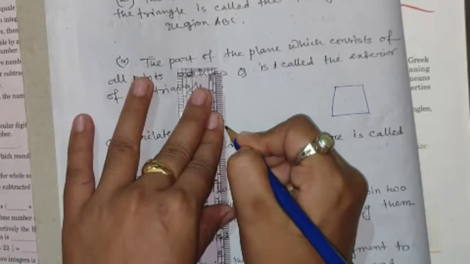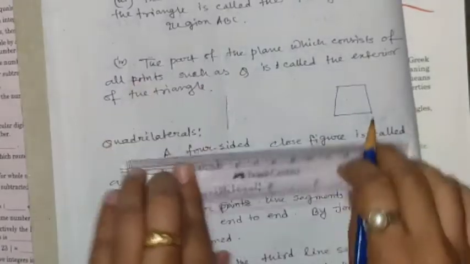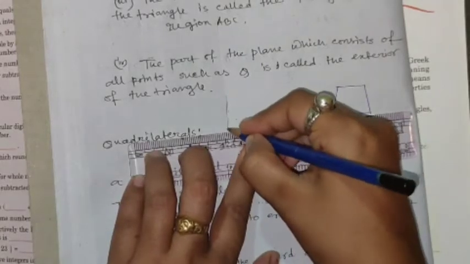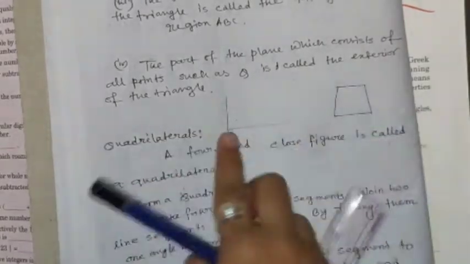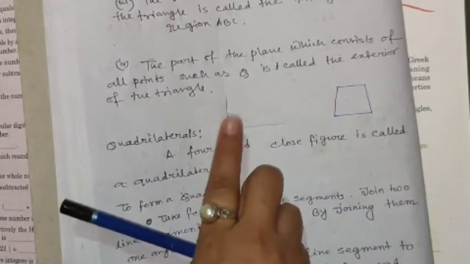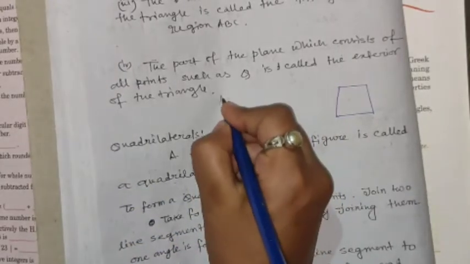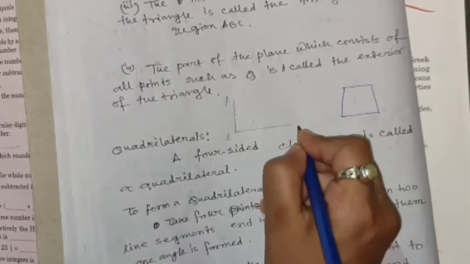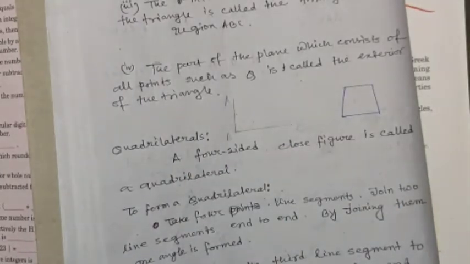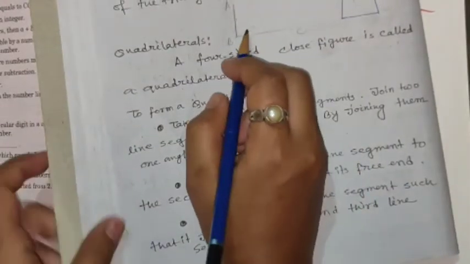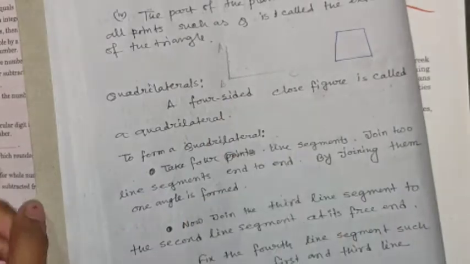This is the first line segment and this is the second line segment, and I have joined these 2 line segments AB and BC end to end. By joining them, one angle is formed. Yes, one angle is formed, that is angle B.